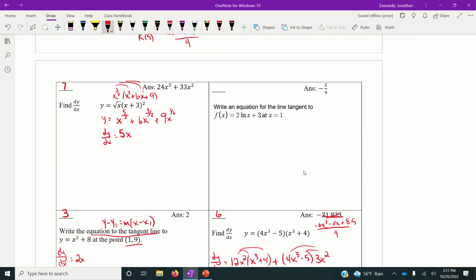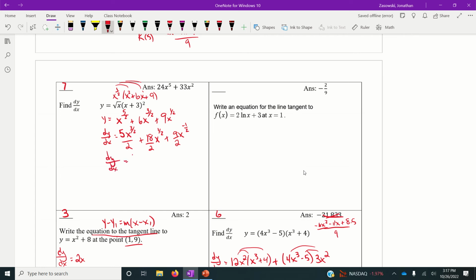So this is x to the 3/2, and then this is divided by 2, so it's 5/2, plus, okay, move it to the front. 3 times 6 is 18, divided by 2, and then subtract 1 or subtract 2/2, leaves me with x to the 1/2. Now we're going to move this in the front, so plus 9/2, and then x to the negative 1/2, because we're going to subtract 1.